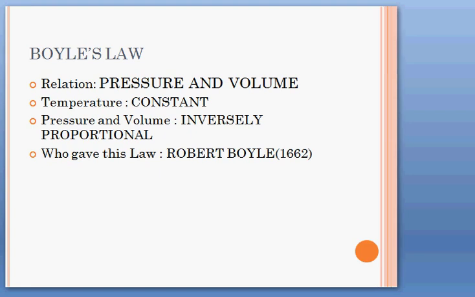In 1662 he gave this law. We call it Boyle's law. Let's explain by diagram. Yes, we have all taken injections, right? In one manner or another, we are actually afraid of injections.